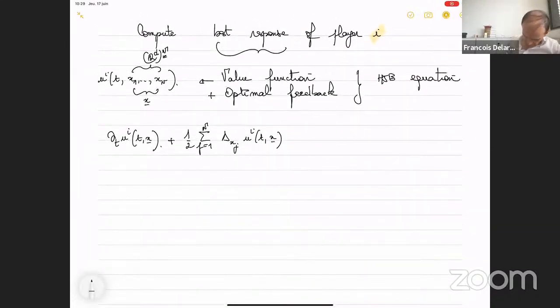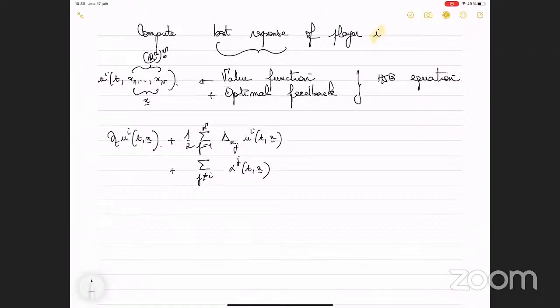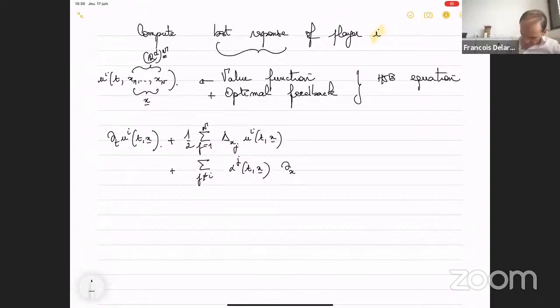Here I should pay attention because there is the drift for the players which are not equal to I, and I know that those players are choosing alpha^j(t, x underline). And this is acting on the derivative, so here, this is an inner product in R^d, with d_xj u^i(t, x underline).